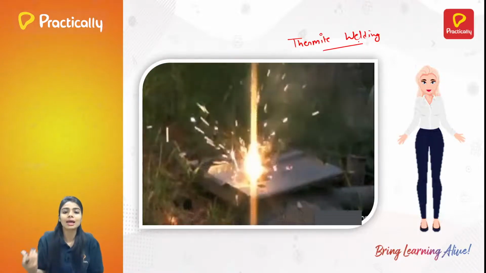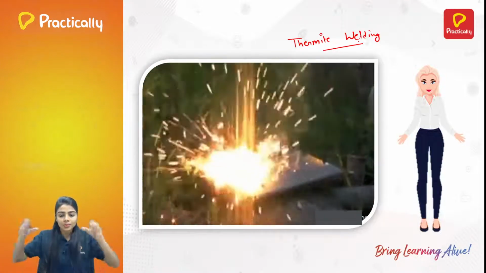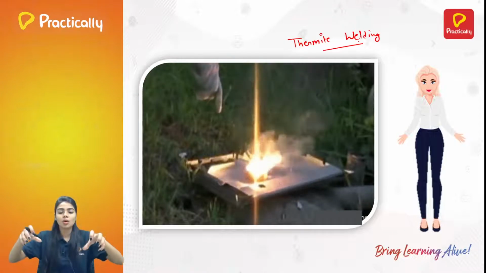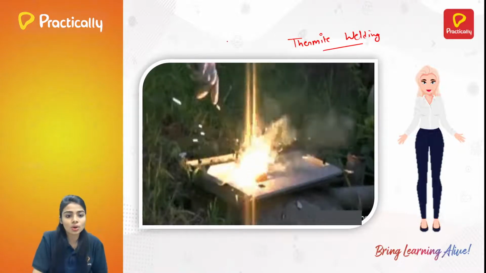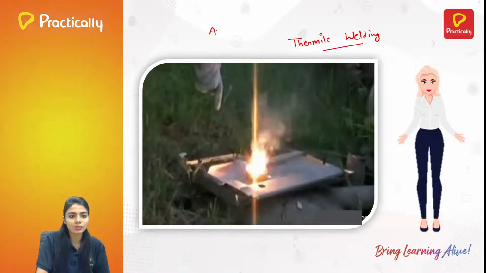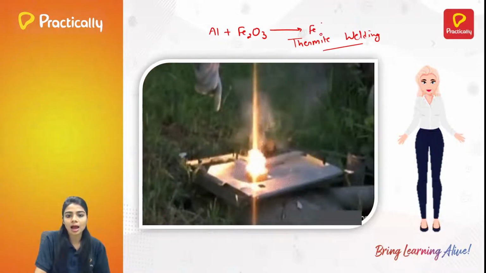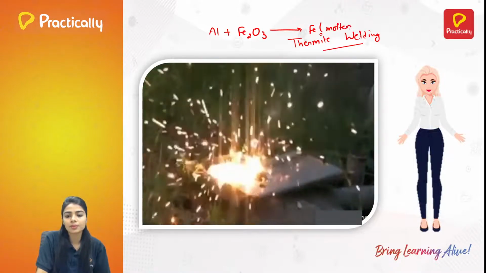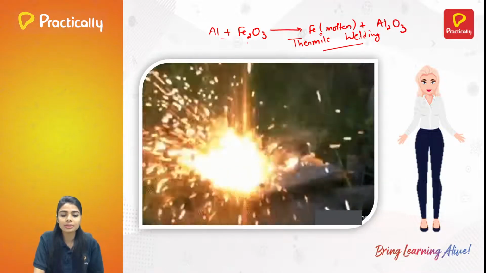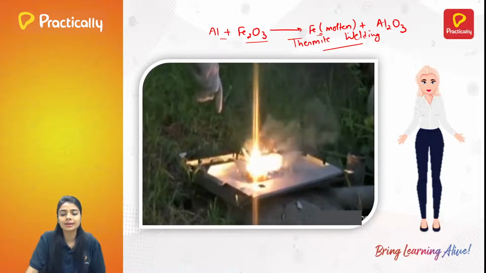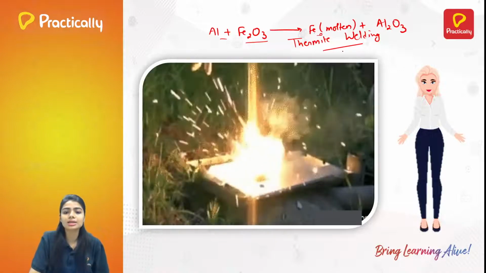Here the aluminium reacts with iron oxide to give iron in the molten form, plus aluminium oxide, and this molten iron is used to join the tracks. This is called thermite welding.